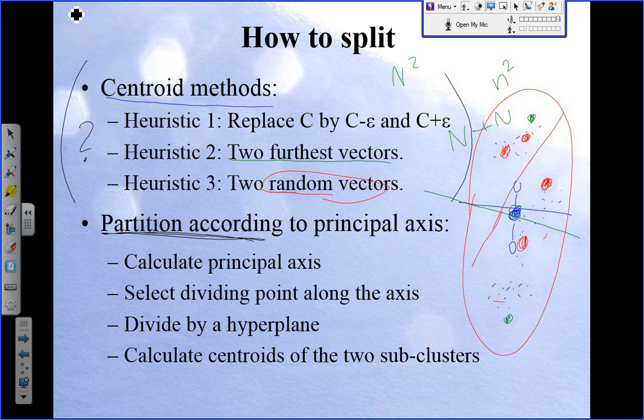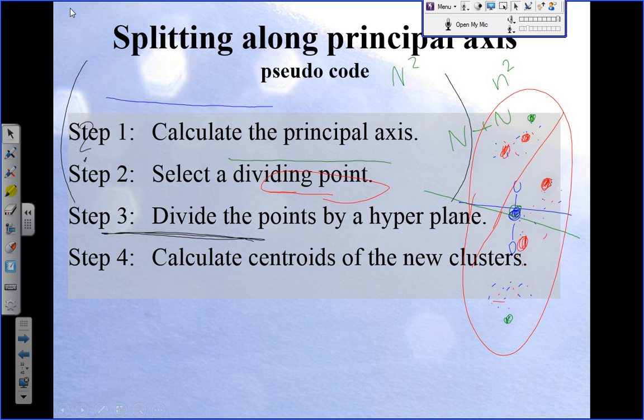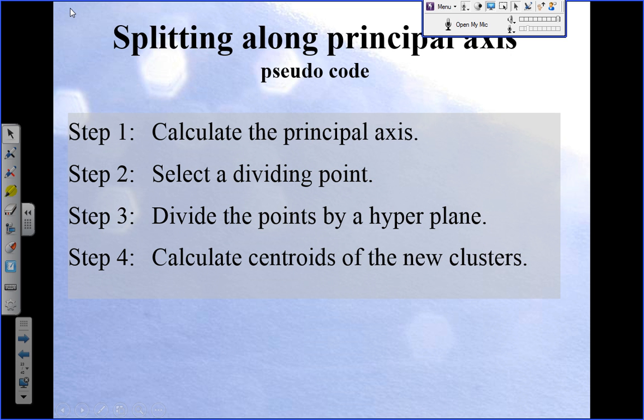So this is based on the principal component or principal axis. Principal axis is pretty much the same as a regression line in our case. Let's see how it goes. I think it doesn't need to be the principal axis, as long as we have some axis.